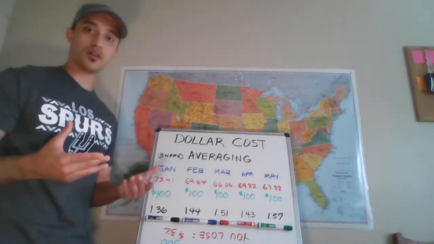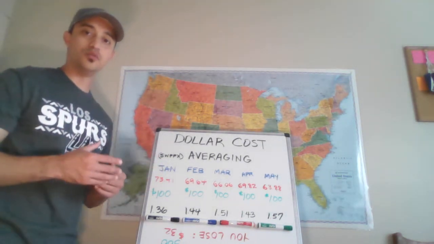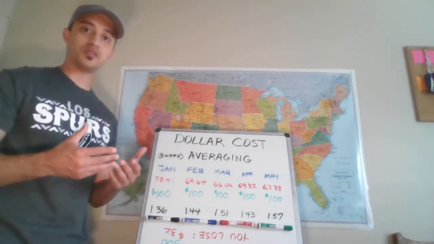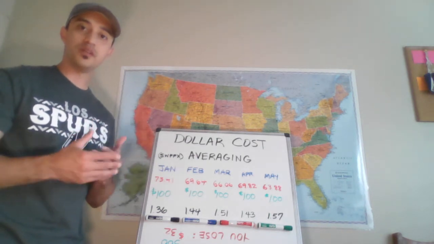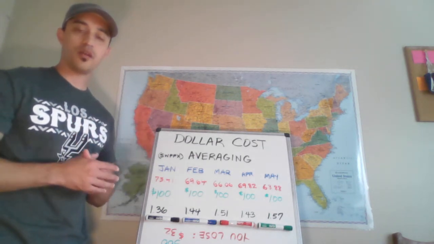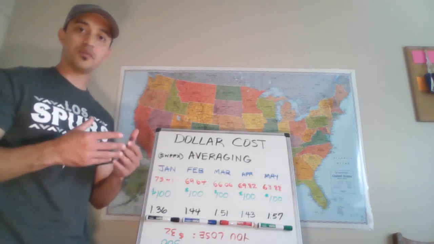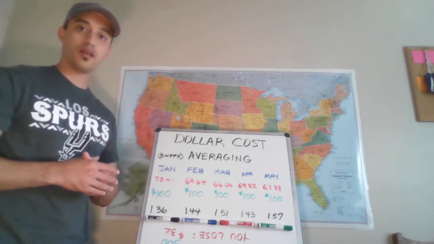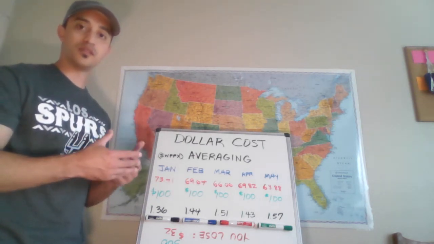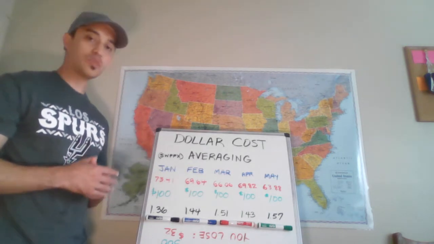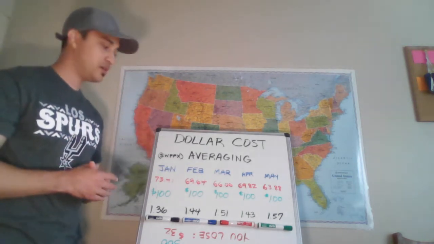That's what dollar cost averaging is about. You invest the same amount every single month, or whatever the period is. Usually it's going to be every month, but you invest the same amount every single month, and I'll show you what that ends up doing. It's a positive thing when you do that.